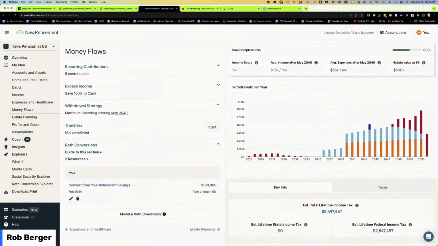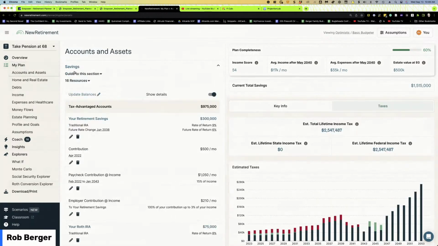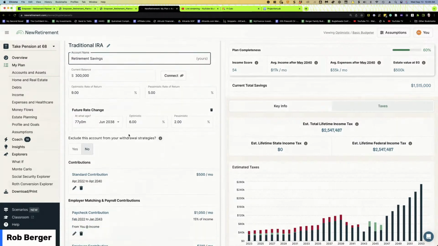Because the way New Retirement works is its spending order is taxable accounts, traditionals, and then Roths. But you can effectively override that by picking a Roth, say a Roth IRA, and selecting it to not be used for drawdown. So I'll show you how to do that. We could come here and say, let's edit this, exclude account from withdrawal strategies.